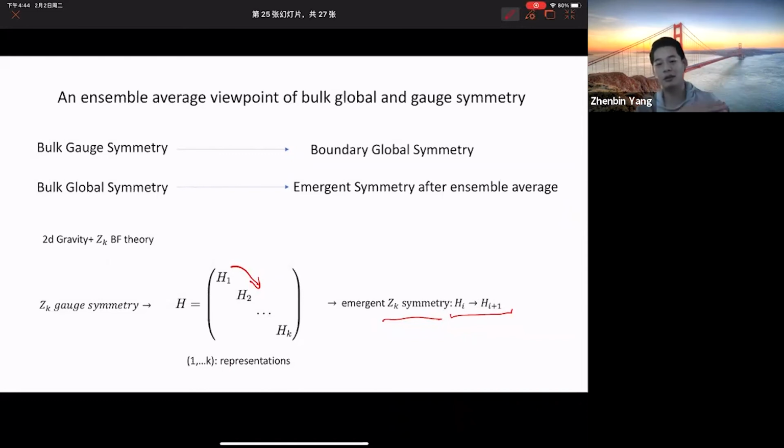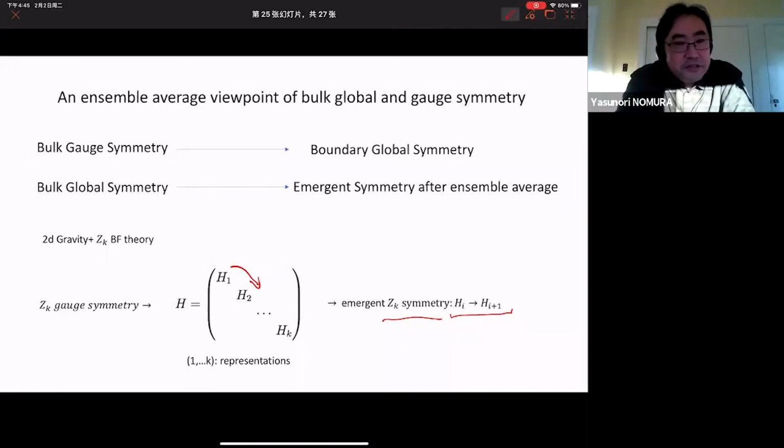Then this will mean that the UV theory must require a coupling that explicitly breaks this global symmetry. So in other words, this replica wormhole calculation will give you a lower bound on the strength of the coupling constant that breaks the global symmetry.